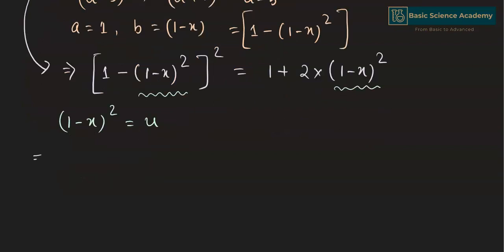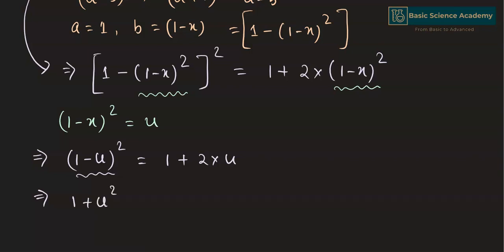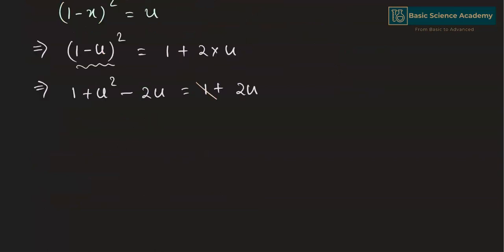Now, the equation becomes (1 minus u) to the whole square equals 1 plus 2 multiplied by u, which is in the form of (a minus b) whole square, which equals 1 square plus u square minus 2u equals 1 plus 2u. This 1 will cancel out on the left and right side.